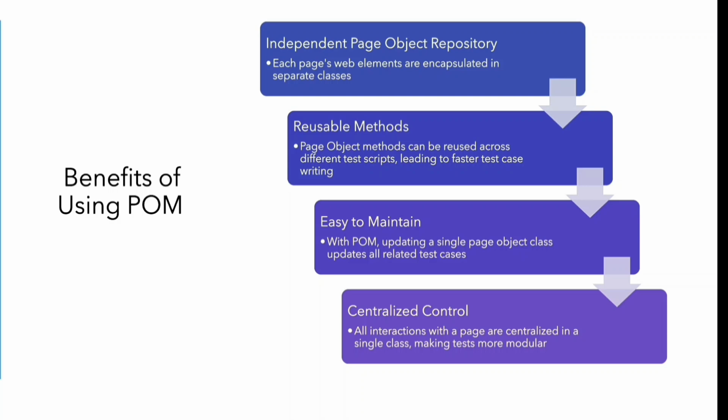Through that I can control it: if any problem appears with that button, or my locator fails for that button, instead of changing the code in all scripts, I just need to change only one piece of code. So this is called centralized control. It will make the test cases more modular.